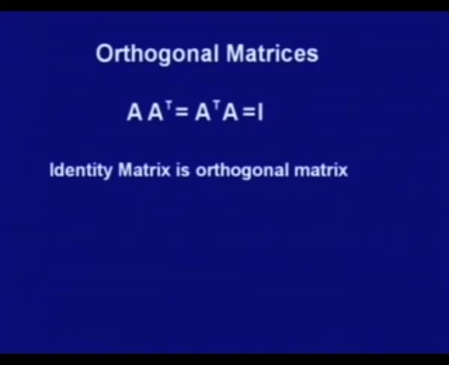One can actually work out A and A transpose. A happens to be identity matrix, its transpose is also identity matrix, because identity matrix is a diagonal matrix. So, its transpose will also be the same, and multiply identity matrix with itself is again an identity matrix. So, identity matrix is a good example of orthogonal matrices.